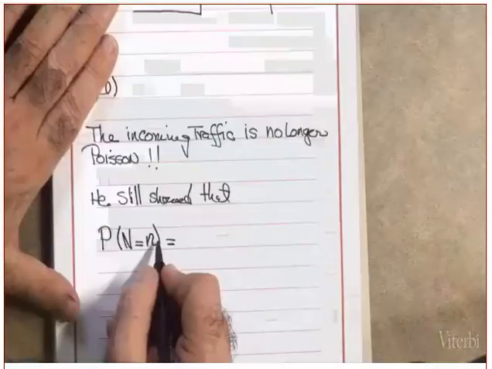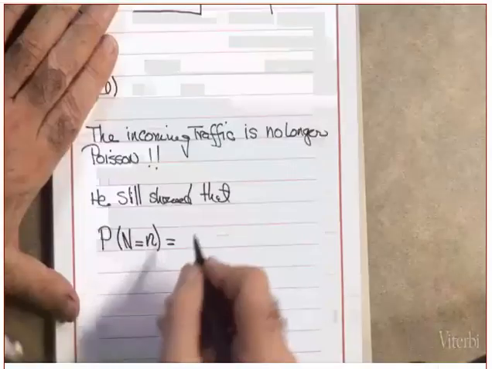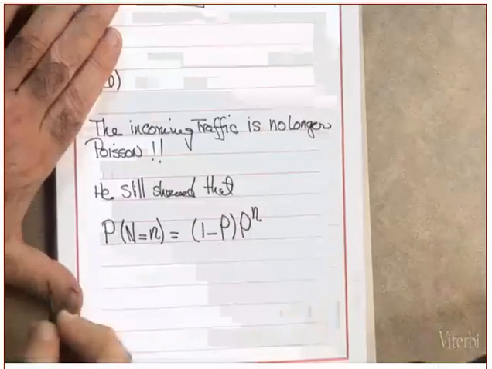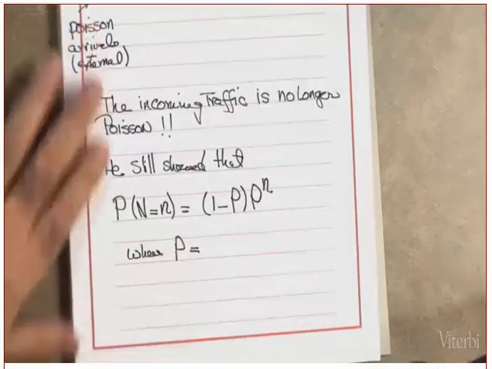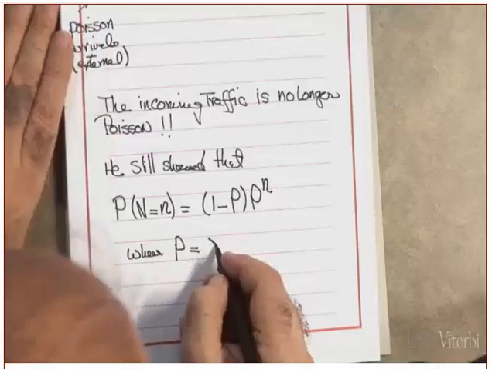Okay, what is rho 1? Let's see what we have here. This is lambda 1. What is the departure rate here? P lambda 1.